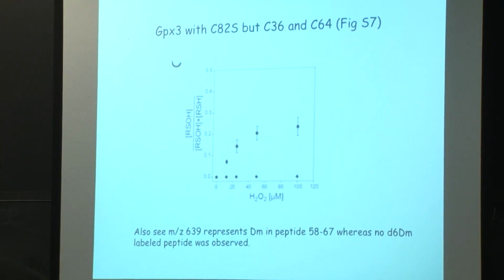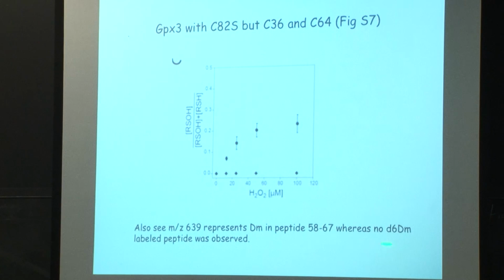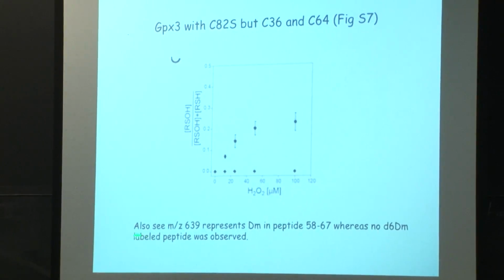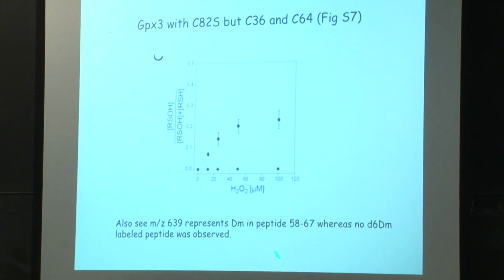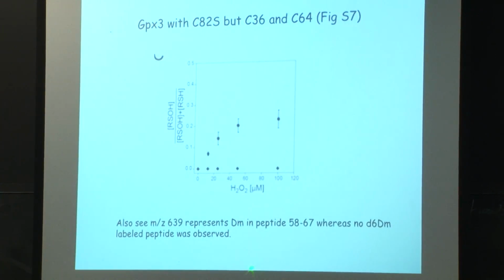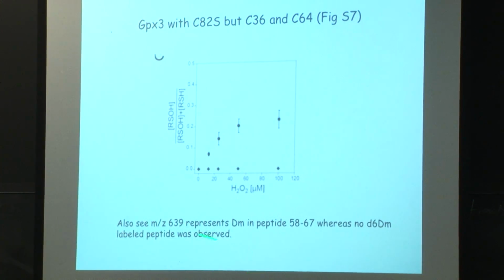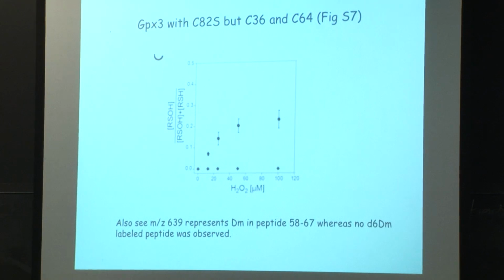You react with hydrogen peroxide, and then you react either with dimedone or with iododimedone. And what they found is fragments, and the fragment they were interested in, since that was cysteine 64, was 58 through 67, so that's the mass charge 639. That's what they focused on.